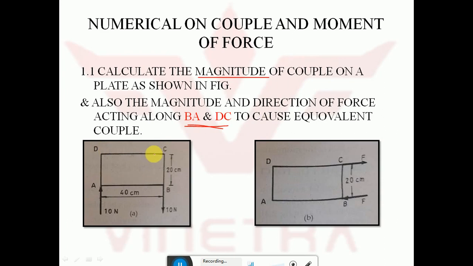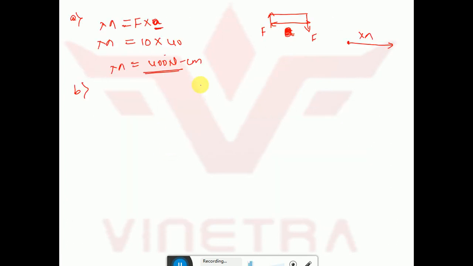What should be the direction of force and what should be the magnitude of that force to cause an equivalent couple. Because see here, due to application of forces like this, that is one force is this, another force is like this, and they are apart by 40 centimeter and having a magnitude of 10 newtons, because of which there is a clockwise movement.